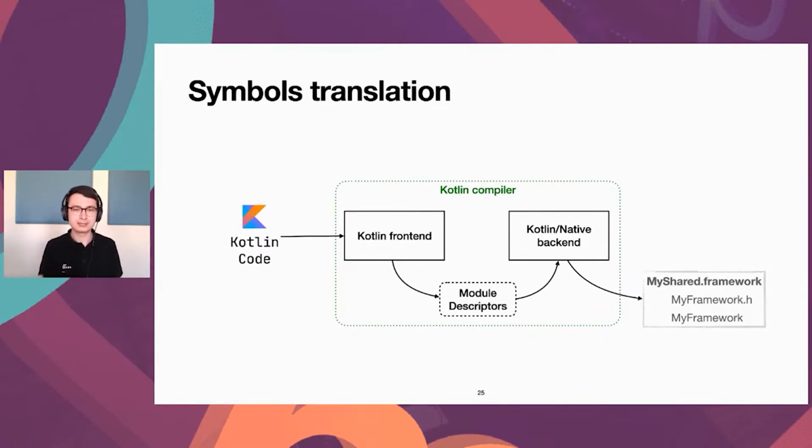Then, depending on the platform you want to build this code for, the framework, whatever, you give it to a particular backend. So in our case, we give it to the Kotlin Native backend. And the Kotlin Native backend generates from module descriptors an Objective-C framework with a header.